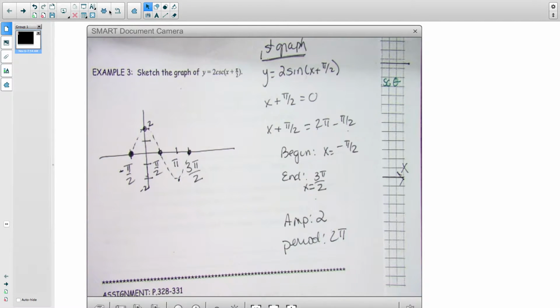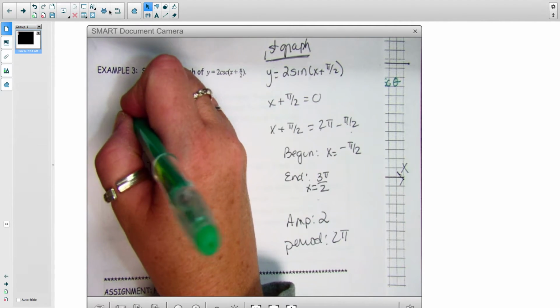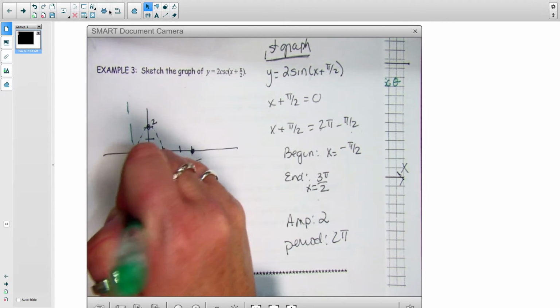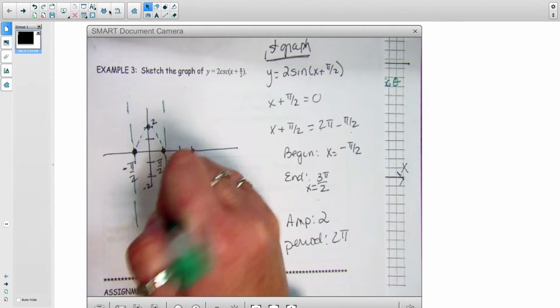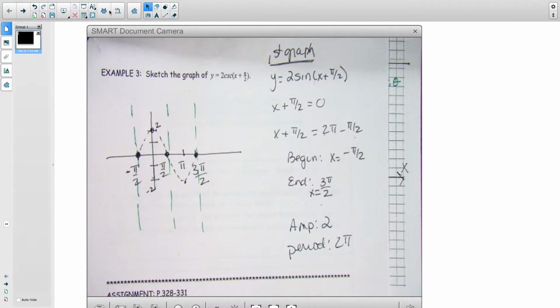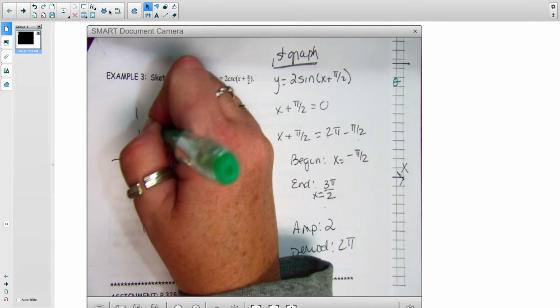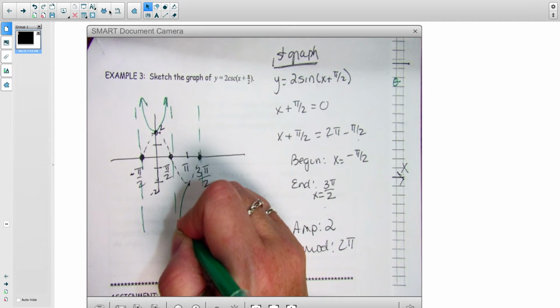There's our dotted sine graph. And now to get the cosecant, what do we do? Asymptotes are at our x-intercepts. And then we flip the u's.